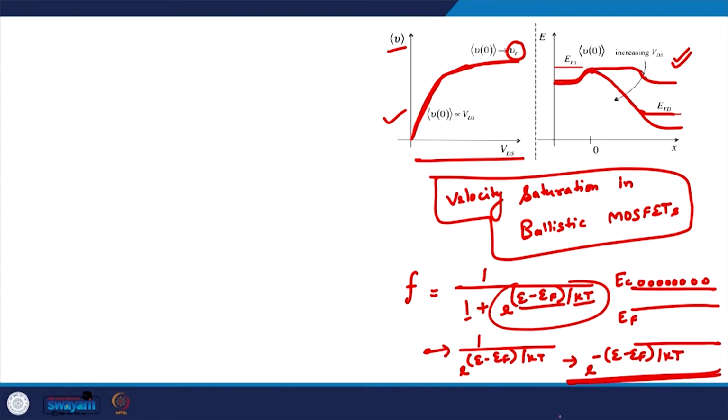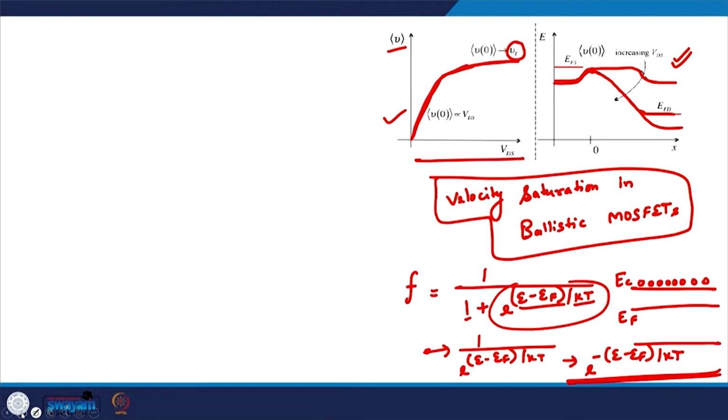So for non-degenerate semiconductors, and especially in MOSFETs when we are not applying high drain voltages and high current is not flowing, assuming a Maxwell-Boltzmann distribution for electrons is not a very bad idea.